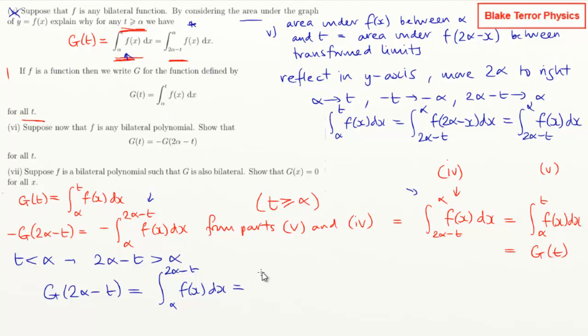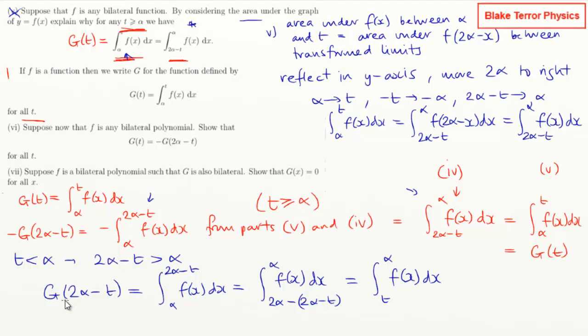So that is then going to be equal to, I need to do 2 alpha minus this, so that's going to be an alpha there. Now I have to do 2 alpha minus 2 alpha minus t, f of x dx. Okay, so that is then the integral, the 2 alphas are going to cancel, from t to alpha of f of x dx. Yeah, so that's fine.